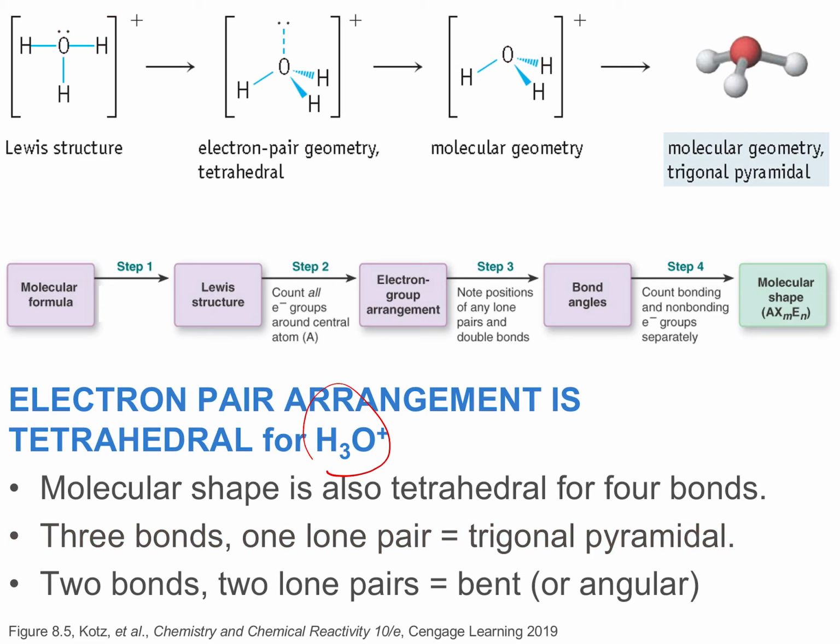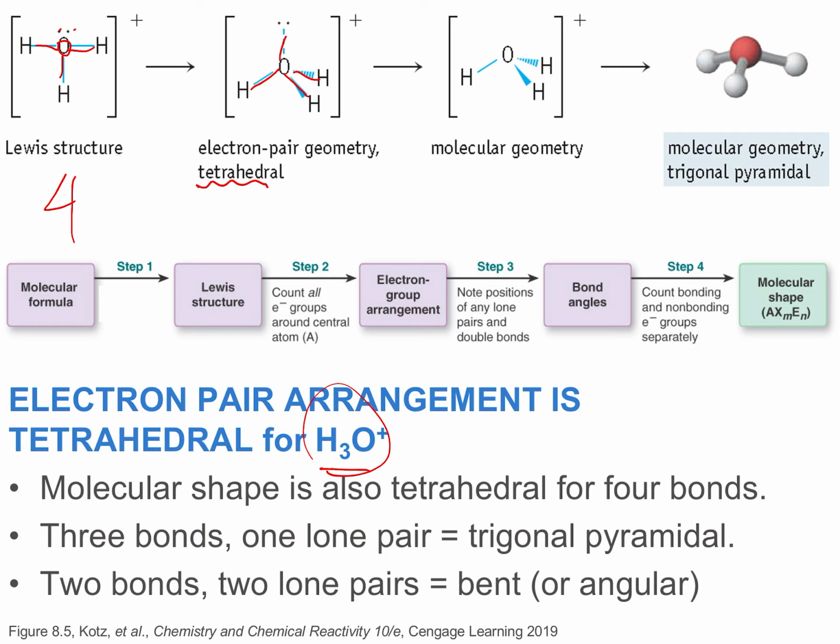We can do this again for the hydronium ion. So the hydronium ion is H3O+. So again, that's our formula. Let's draw a Lewis structure. So we have oxygen, and then 3 bonds, and then the lone pair. So we have 4 regions of electron density around the central atom. We've got 1, 2, 3, 4.